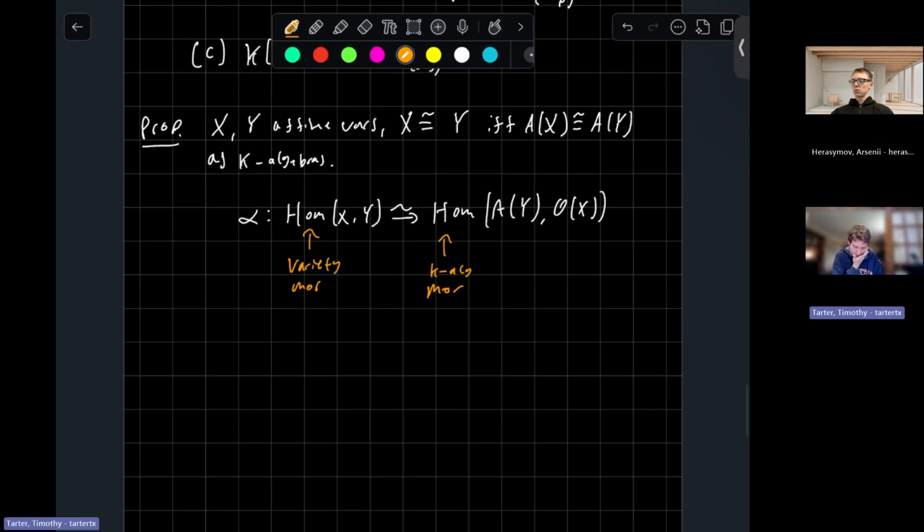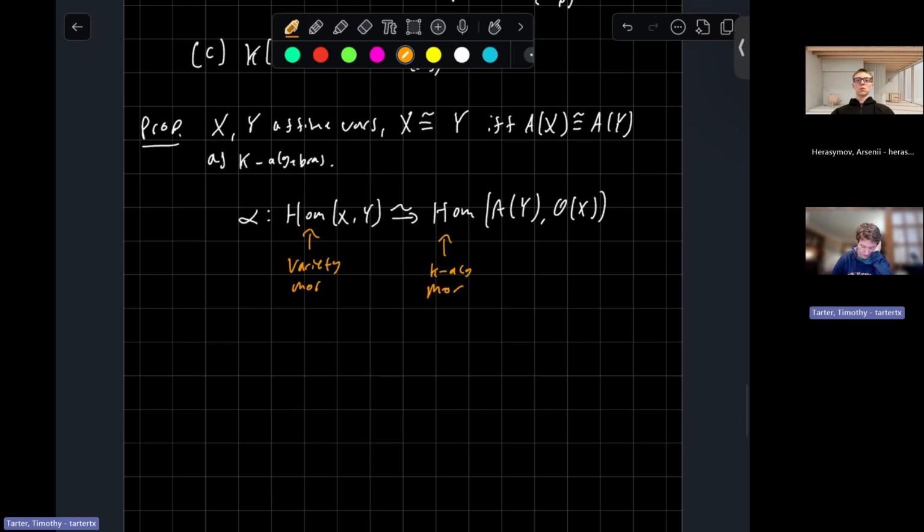Let me just read through the proof real quick, see if it's particularly important. A of Y is isomorphic to A of Y. That defines alpha. Suppose that Y is a closed subset of A^n.